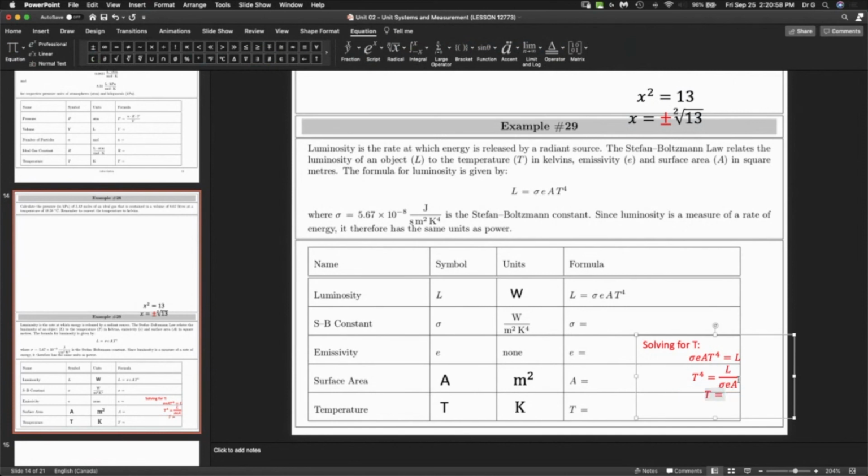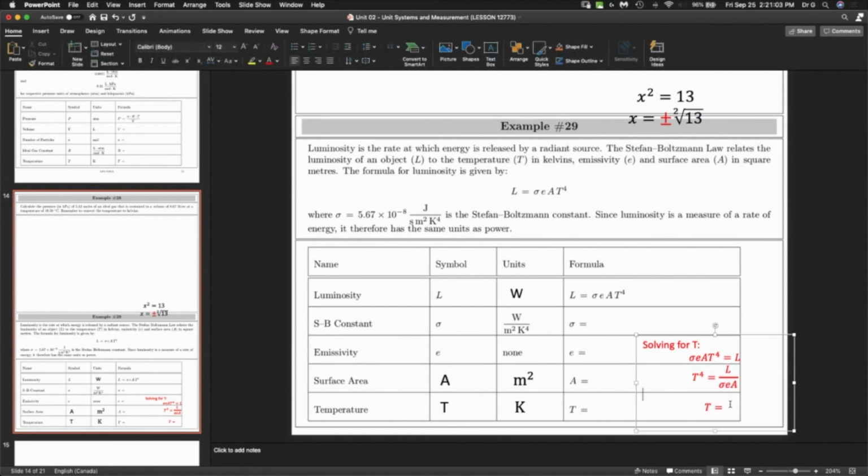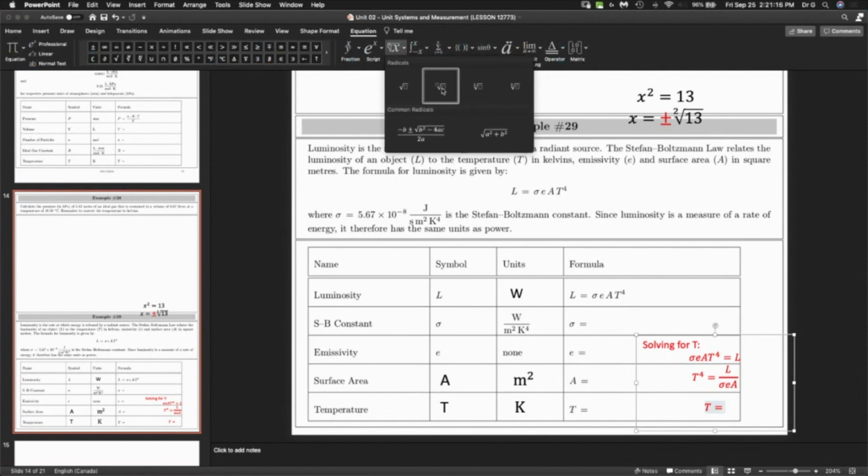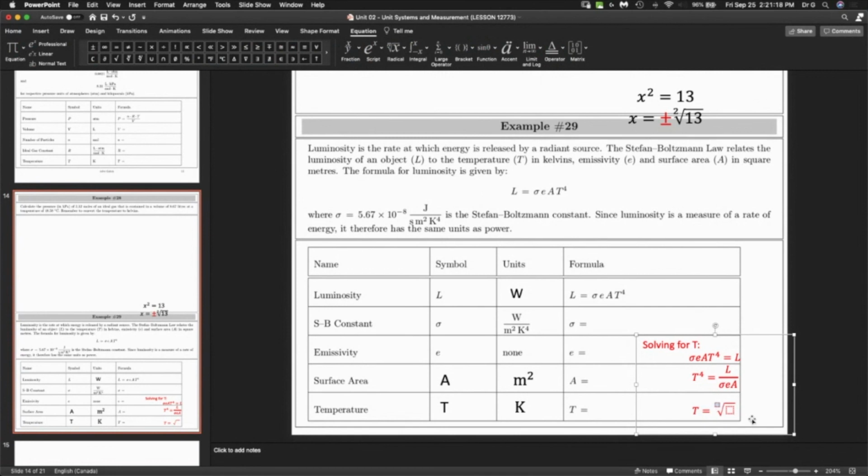So T equals, option 1 is you could write it as a 4th root of that stuff.